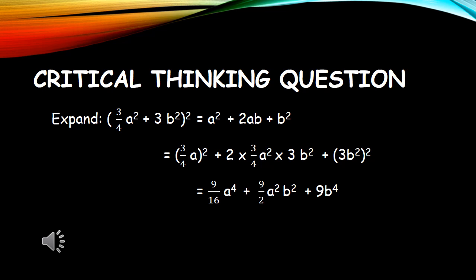So (3 by 4 a square) whole square plus 2 into 3 by 4 a square into 3b square plus (3b square) whole square. So we are getting 9 by 16 a to the power 4 plus 9 by 2 a square b square plus 9b to the power 4.